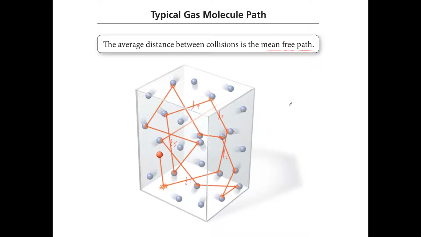So the average of all of these is the mean free path. That's the average distance between collisions. The average distance between collisions is the mean free path.